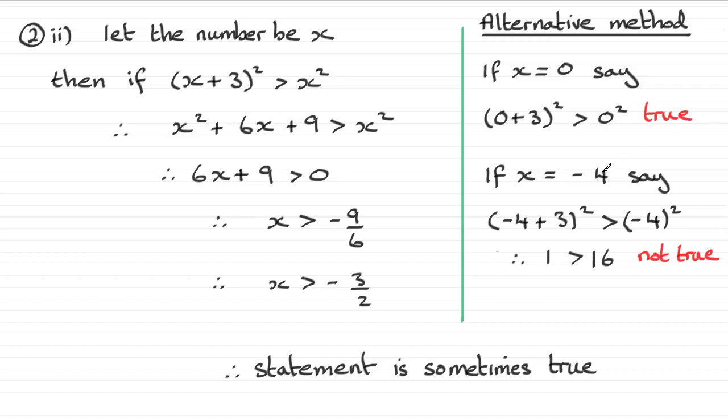But if you take x as, say, minus 4, then minus 4 plus 3 leaves us with negative 1. You square it, it's going to give us 1. Is it greater than the original value, minus 4 squared? Well, that comes to 16, and clearly 1 isn't greater than 16, so it's not true. And that would be sufficient then to say the statement is sometimes true.